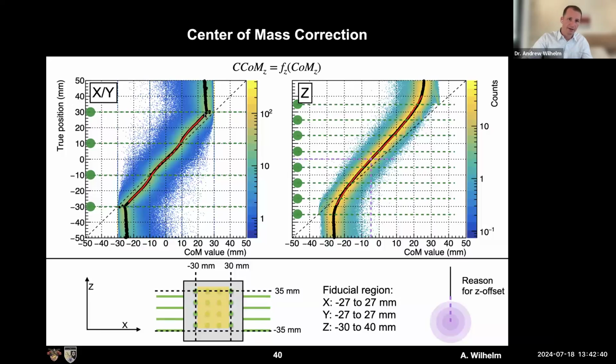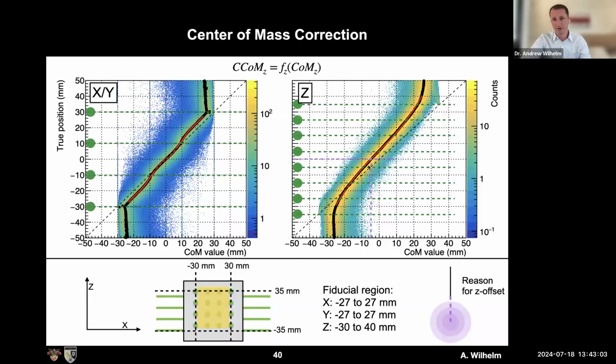Then there is a region of the detector where you don't get a unique center of mass value for a change in the true position. Those are the positions that are outside the most outside fibers. So we found that, fairly intuitively, you can't reconstruct positions that are outside the last set of fibers using a center of mass method.